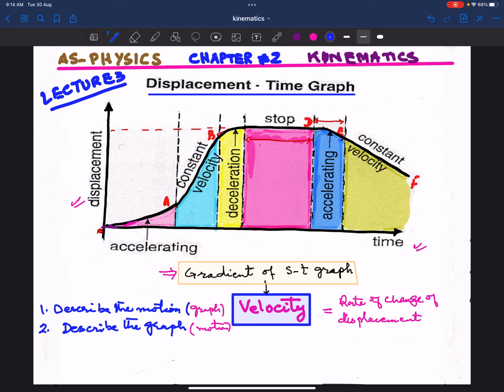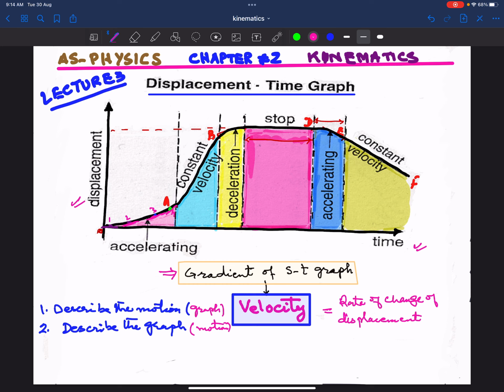At a further point the gradient is even greater. For all these points, 1, 2, 3, 4, the gradient is increasing, so the velocity is increasing, and velocity increasing means that the body is accelerating.